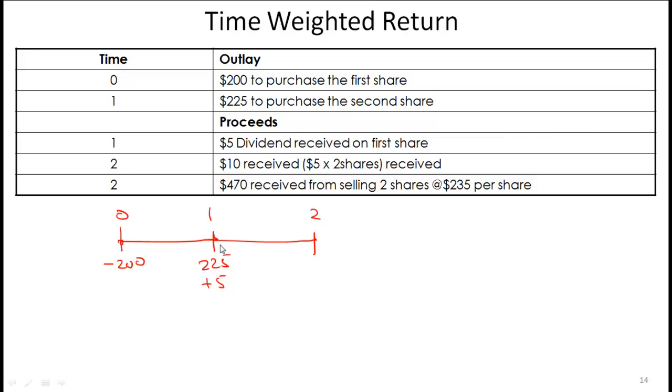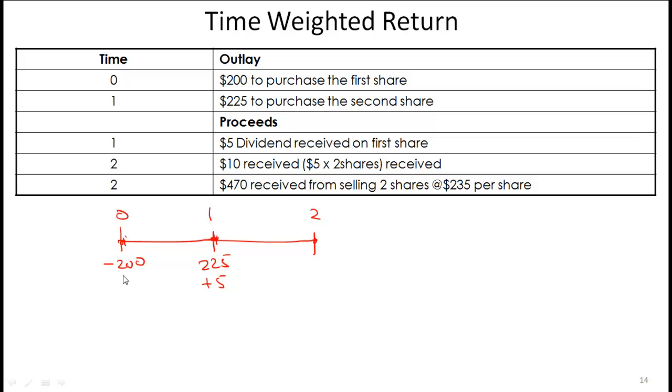So you need to identify these points where there are major cash inflows and outflows. Here the situation is simple because the inflows and outflows are happening at the beginning and end of every year. On the next slide, we look at what happens when inflows happen during the year.